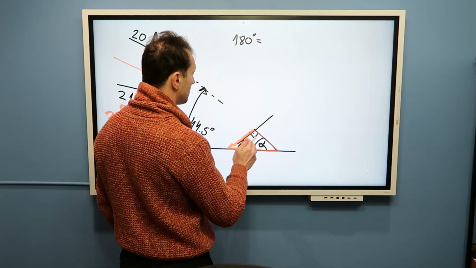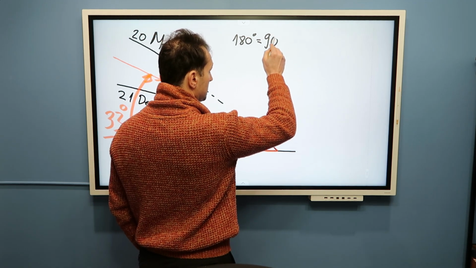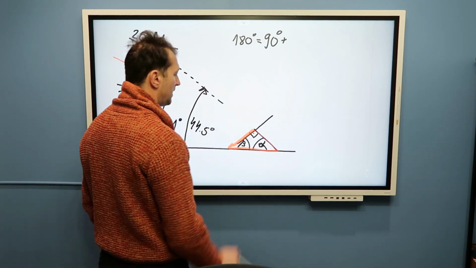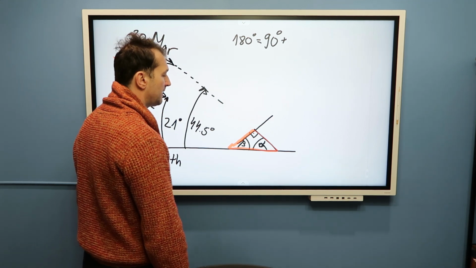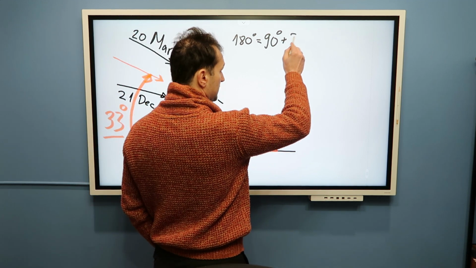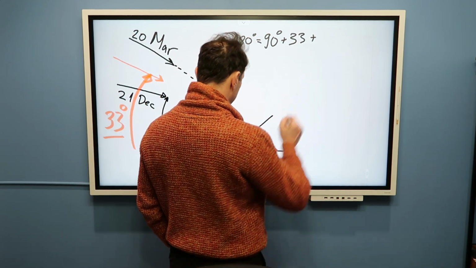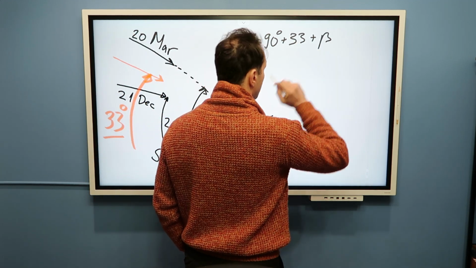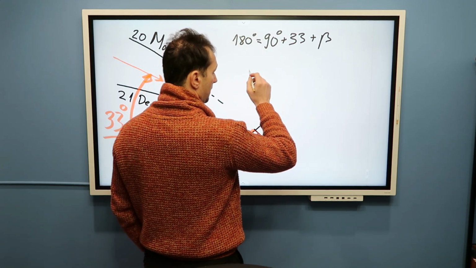Well, this is a right angle, that's 90 degrees, plus alpha is just what we calculated, 33 degrees, and plus this unknown beta. So let's do this.